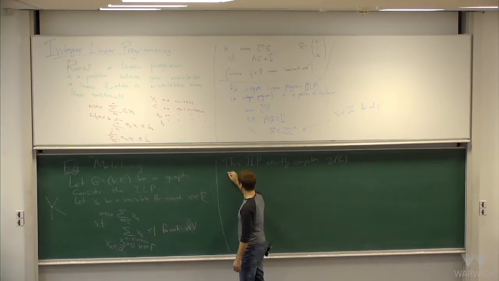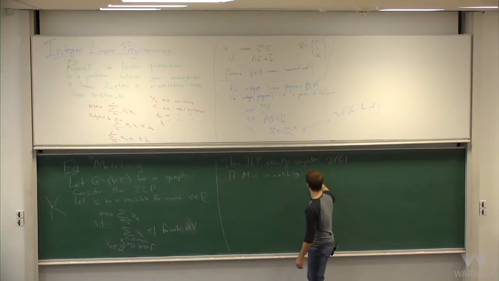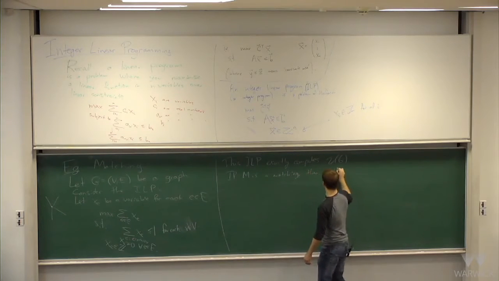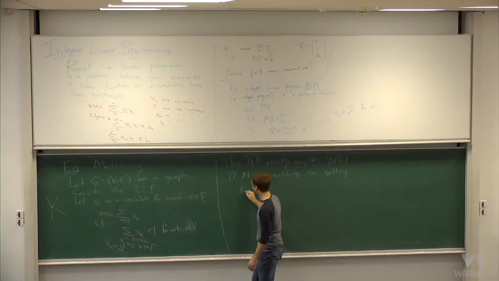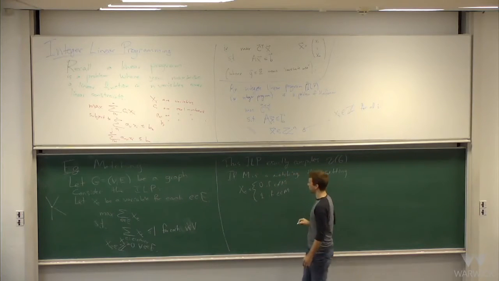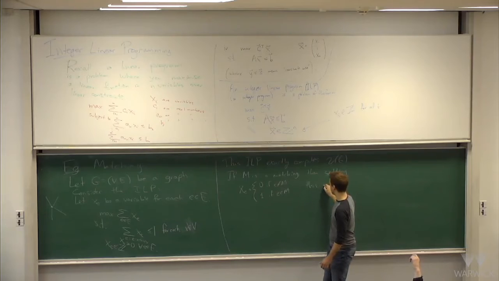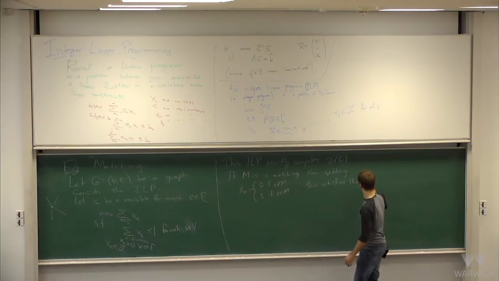And to see this, if M is a matching, then if I take these variables and set xe equal to 0 if e is not in M, and 1 if e is in M, right? This satisfies the constraints.